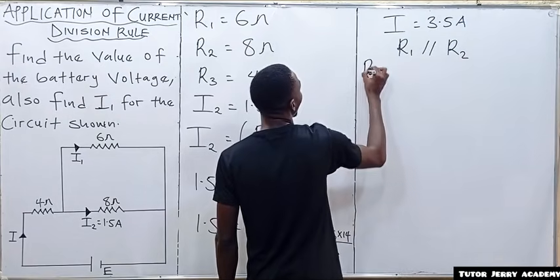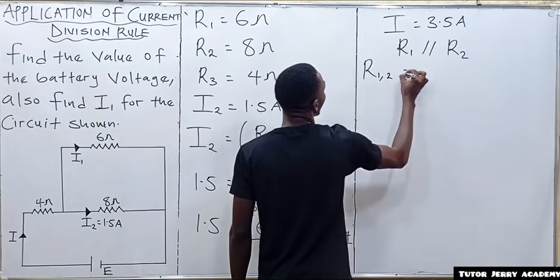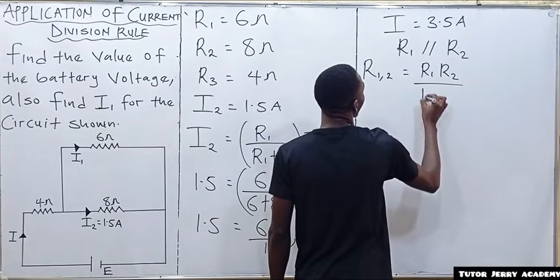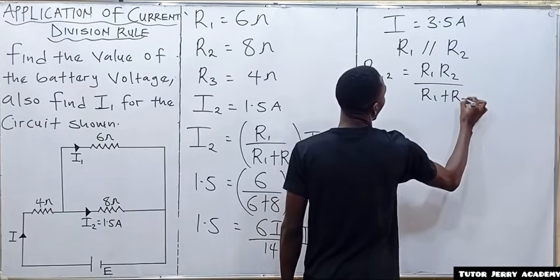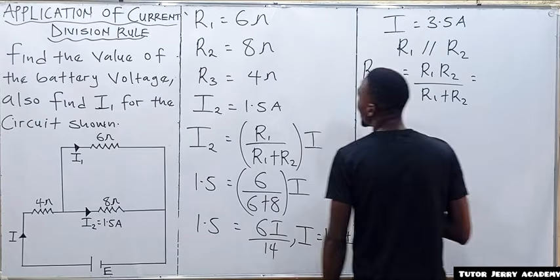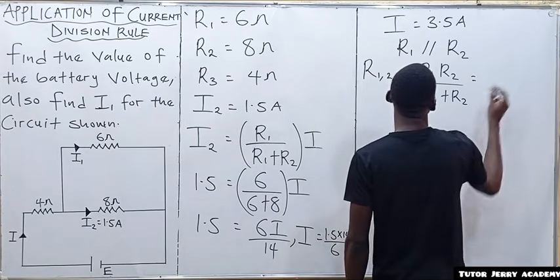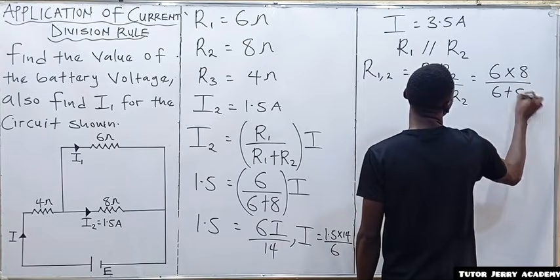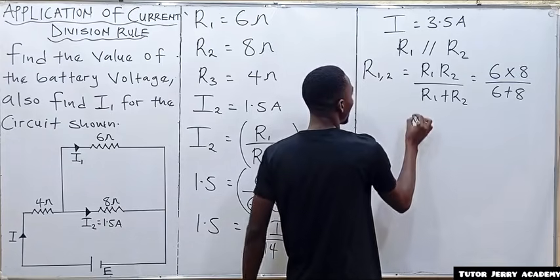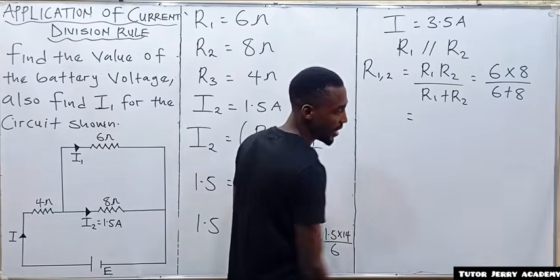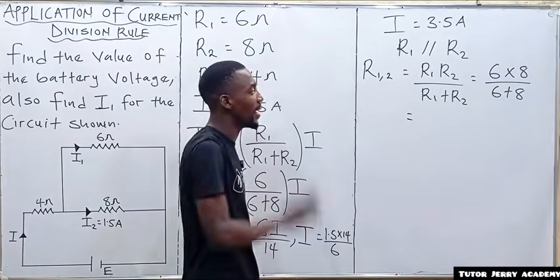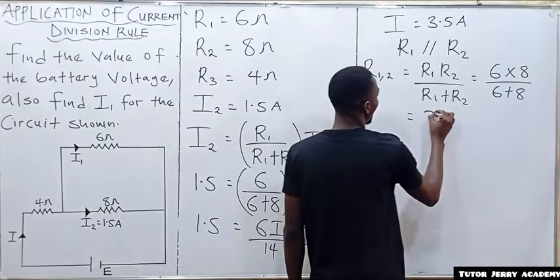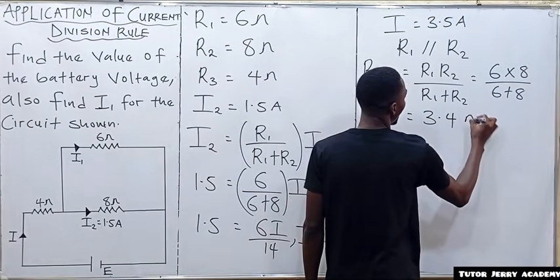So R1,2 will be equal to R1R2 over R1 plus R2. Substituting, we have 6 times 8 over 6 plus 8, which is 48 divided by 14, giving about 3.4 ohms.